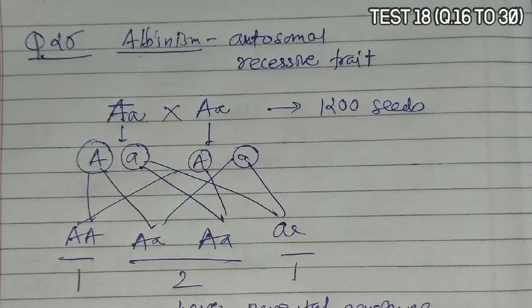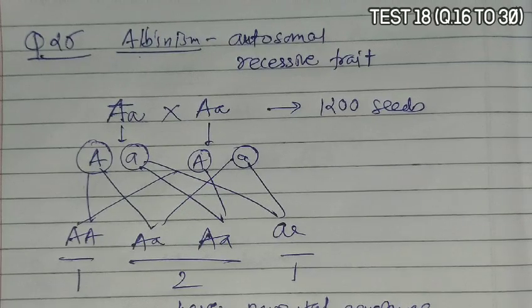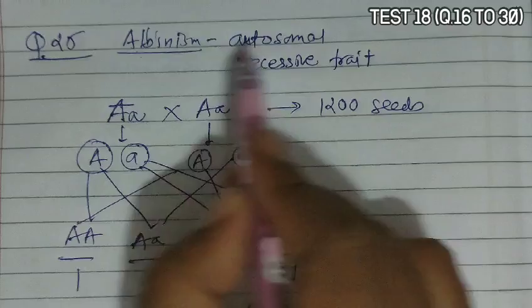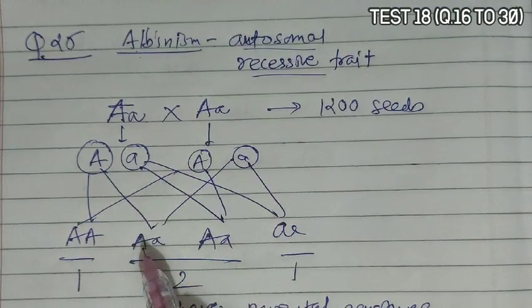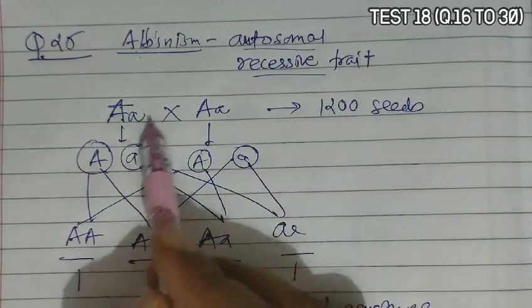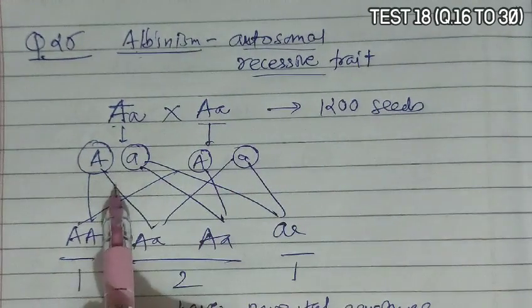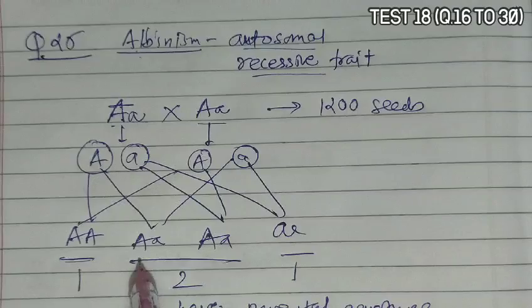Question 25 asks: a tobacco plant which is heterozygous for albinism. Now, albinism is an autosomal recessive trait. The heterozygous plants are self-pollinated, and you will obtain capital A, small a, and small a in a 1:2:1 ratio.